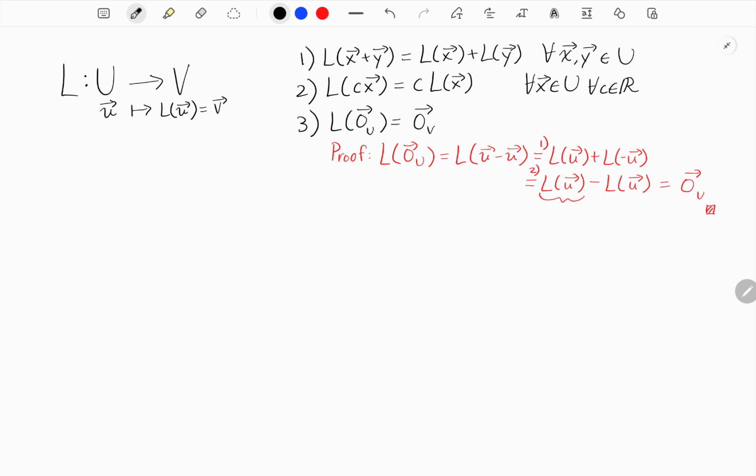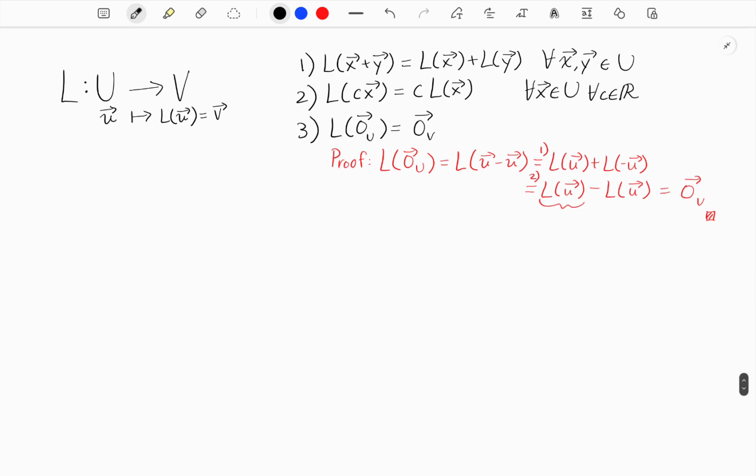I'm mostly interested in this theorem where a linear transformation L is injective if and only if the kernel of L is simply just 0u.